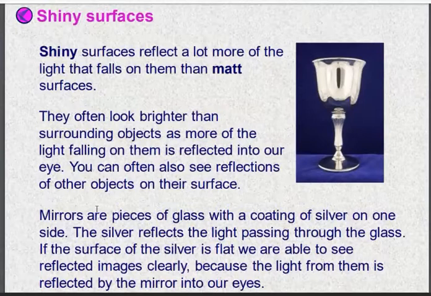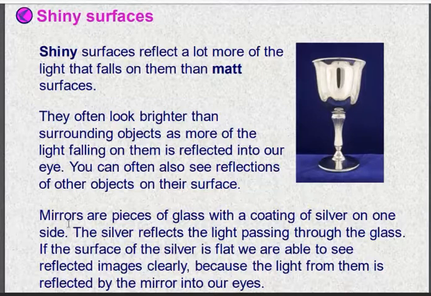Even if you purchase a new steel utensil for your kitchen, and you keep your face in front of the surface of the utensil, you will be able to see your image, but not as clearly as you see in a mirror, because the surface of the utensil is not so shiny or smooth to reflect the maximum light coming onto its surface.